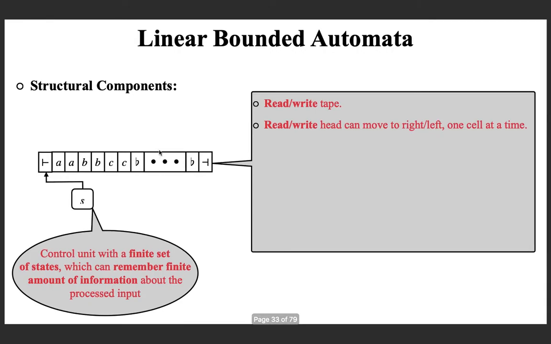And another point about the input tape is that the read write head, which is used for both read and write operations, can move either to the left or to the right. That is, if you are here, then in the current step of the computation, you may move your read write head to the right symbol or to the left symbol.